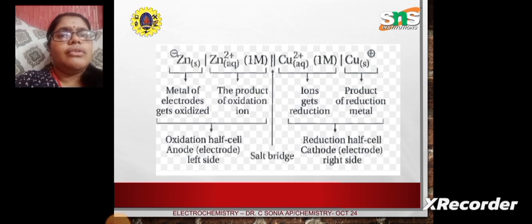Always the electrodes will be at the extreme ends, separated by a single line from the product of the reactions. Then the anodic reaction is separated from the cathodic reaction by a double line which represents the salt bridge.